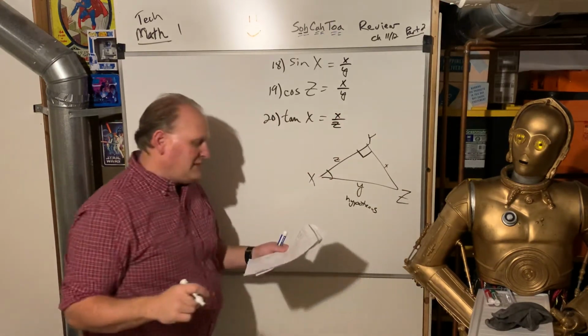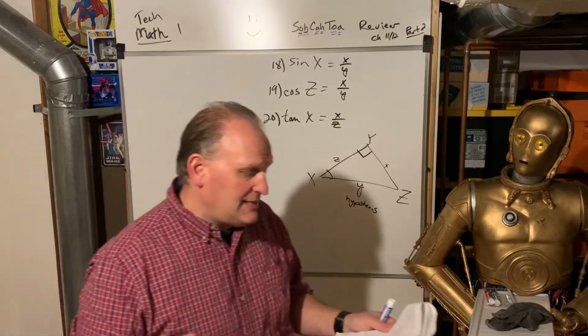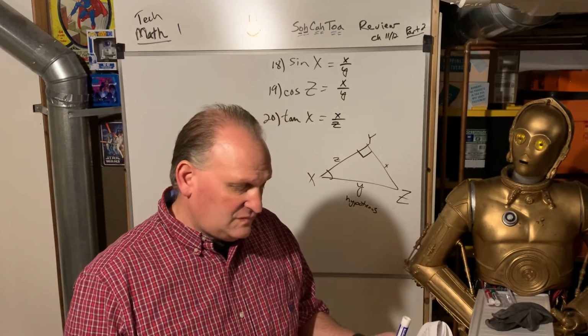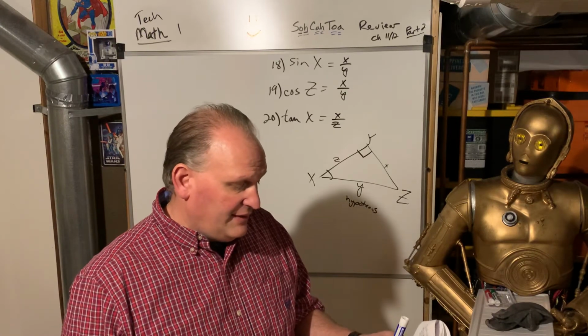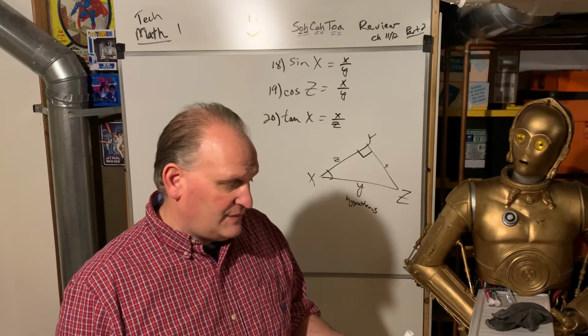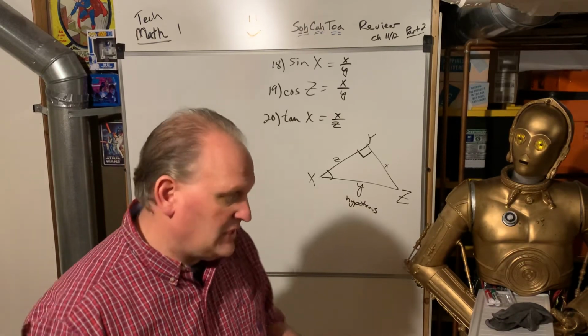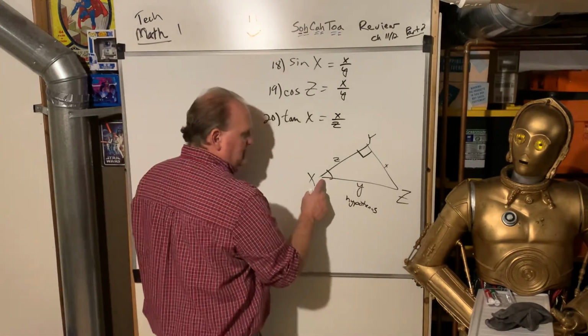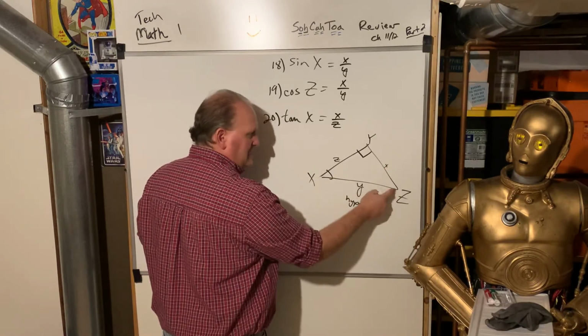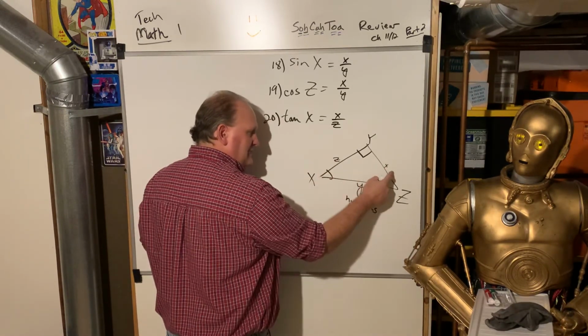So what you have to get into your head is that opposite and adjacent are relative to where you are on the triangle. So if I'm on x, then this is opposite and this is adjacent. If I'm on z, then this is opposite and this is adjacent.